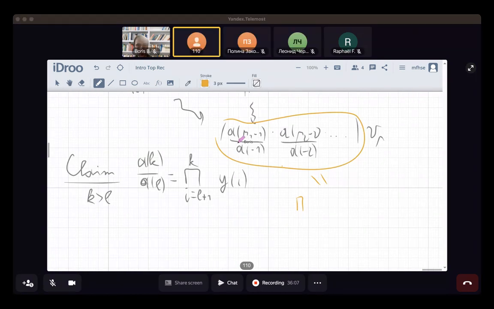Let's at this point write it explicitly. So it's a product of what? It is a product of products. But what was the first product?